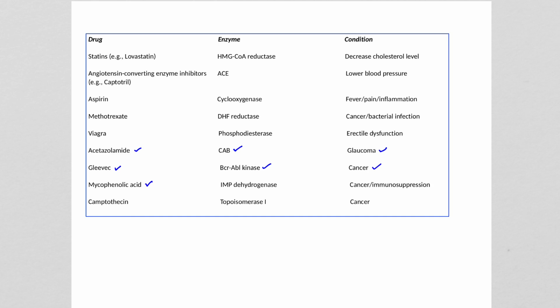Mycophenolic acid is a drug that inhibits the enzyme IMP dehydrogenase, and that is used as an anti-cancer agent as well as for immunosuppression therapy. Camptothecin is a drug that inhibits the enzyme topoisomerase 1, and it is an anti-cancer drug.